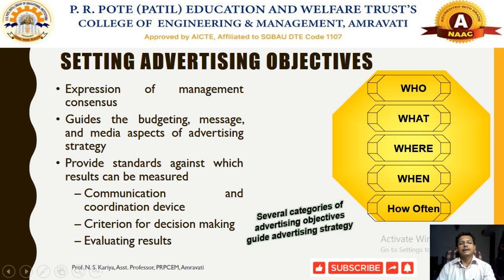We came to know that communication and coordination devices are very essential in defining the strategy. Similarly, some criteria of decision making are required to assess the advertising objectives. And finally we need to evaluate the results, whether the advertisement objectives were achieved or not after running any kind of advertisement program.